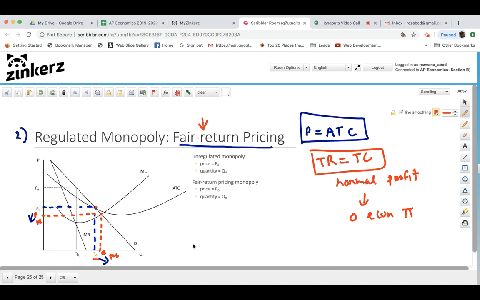Okay, so that is another way to regulate a monopoly. And with this scheme, of course, they don't have to subsidize because there is no loss. So the government is not using tax revenues either. So I think this fair return pricing is more common.